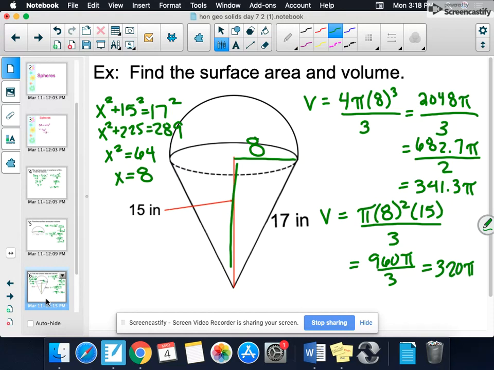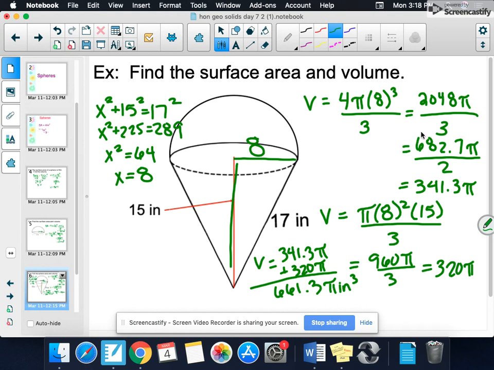So to get my total volume, I need to add my hemisphere, which is 341.3 pi, plus the 320 pi. So the volume of the entire shape is about 661.3 pi inches cubed.